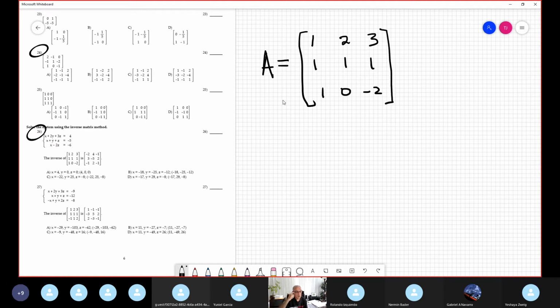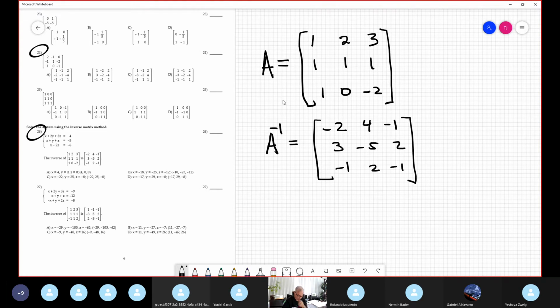They give us the inverse matrix of this, the matrix formed by the coefficients in front of the variables. So A inverse is given: -2, 4, -1, 3, -5, 2, -1, because it's very complicated to do by hand.